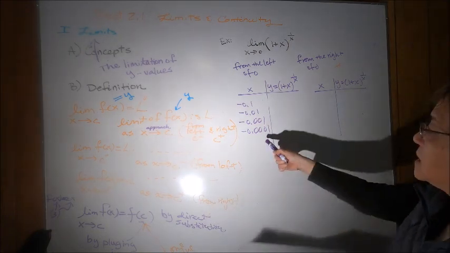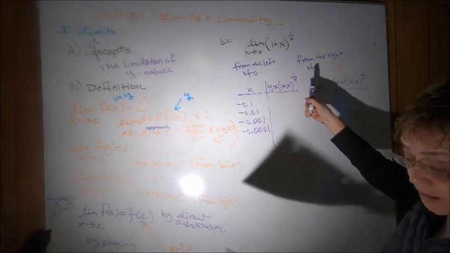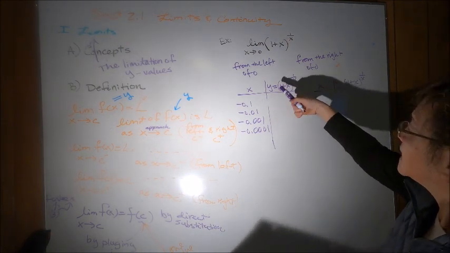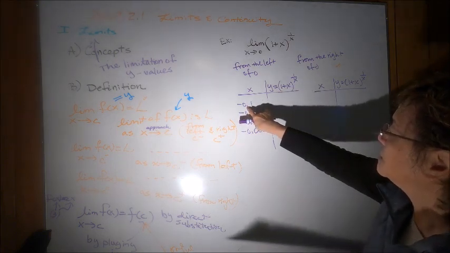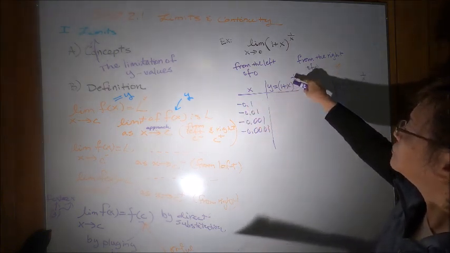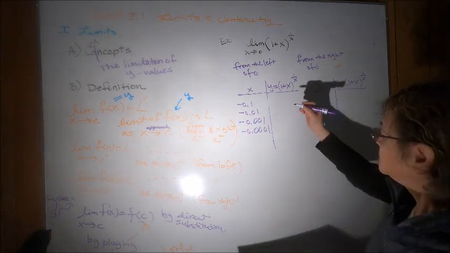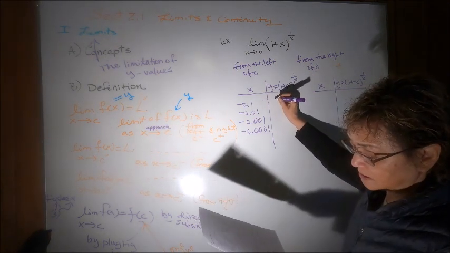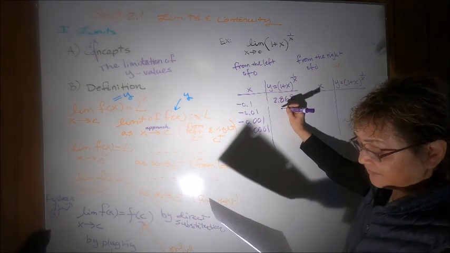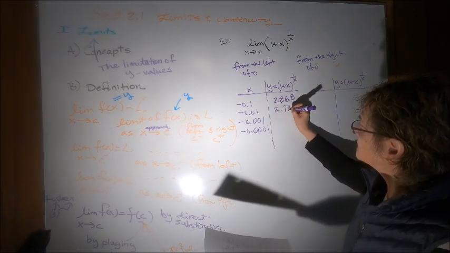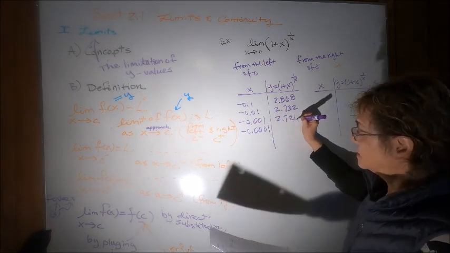Because the denominator is not 0, we can plug into the calculator to find the value. So you do 1 plus negative 0.1, then to the power of 1 over that number. You can try it on the calculator so you can practice that. So you will get this value, and this value.